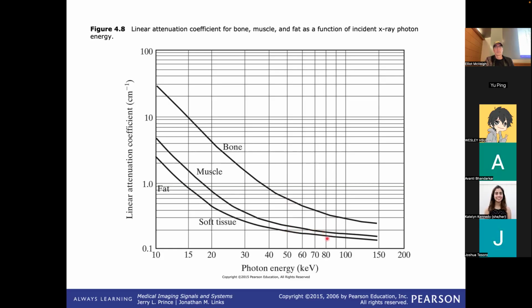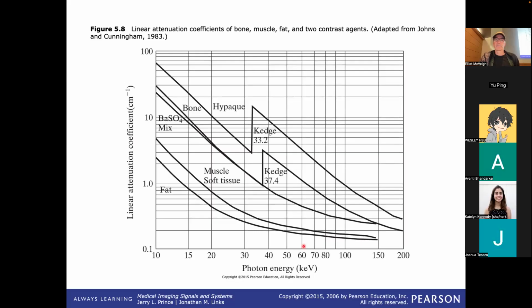But for the most part, when we're calculating or doing a simulation or reconstructing an image, we basically say, we know that we have photons between say 50 and 100 here, but we're just going to assume that all of our photons are at the mean at 60, and we'll do the math accordingly, as opposed to trying to do it in multiple dimensions, with energy being one of those dimensions. It does lead to some artifacts, which we will take up.